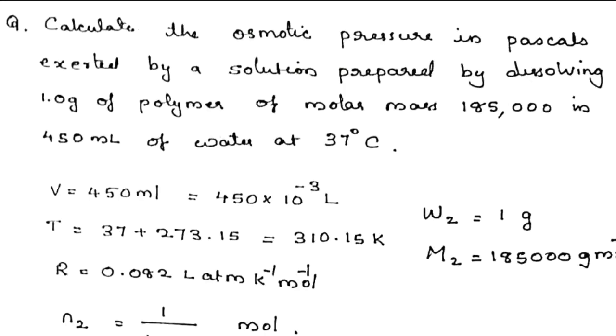Calculate the osmotic pressure in pascals exerted by a solution prepared by dissolving 1.0 gram of polymer of molar mass 1,85,000 in 450 ml of water at 37 degrees Celsius. In this question we have to calculate osmotic pressure pi, and you have given 1.0 gram of polymer.